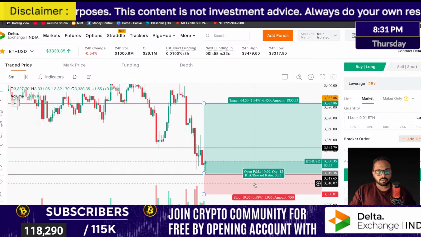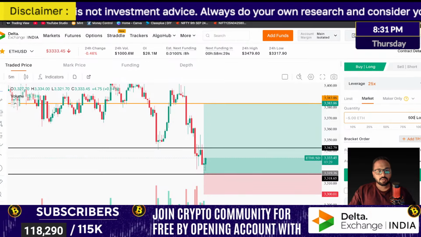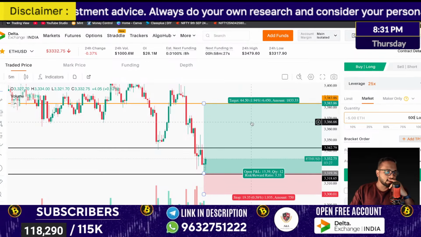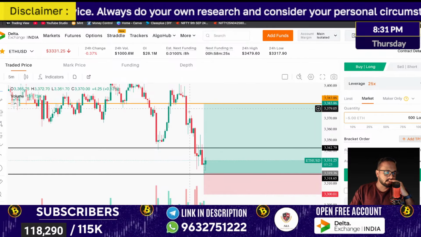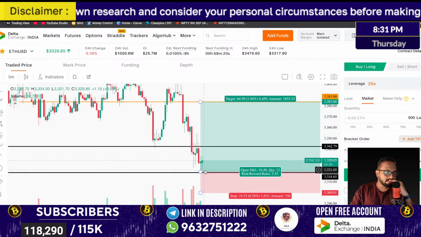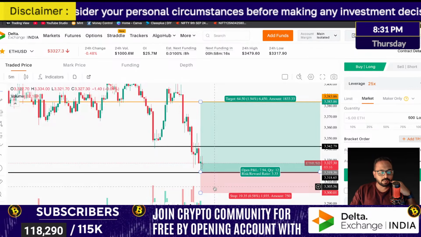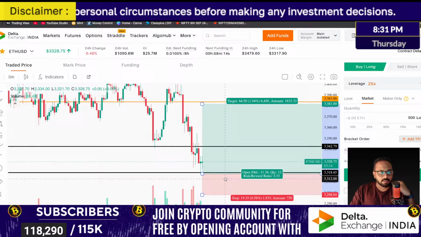Now here one risk reward is there. Bullish setup I'm looking for. If it breaks the zone and then reverses, it will be a better opportunity, traders. I'll just wait for that.